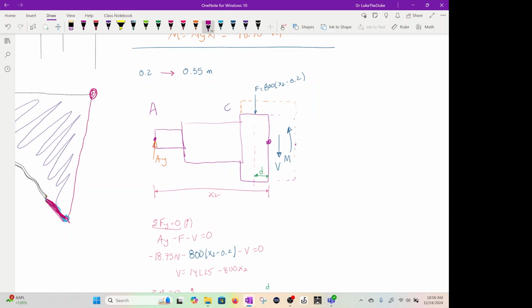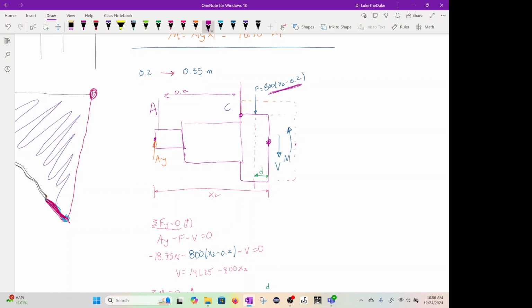Label AY. Here is our force F from that weighted distribution, and it acts a distance d from this point over to the center of that. Here it's 800 times x2 minus 0.2, because this distance from here to here was 0.2.